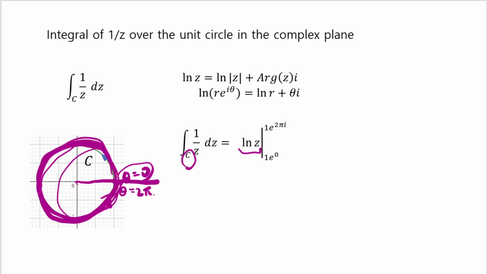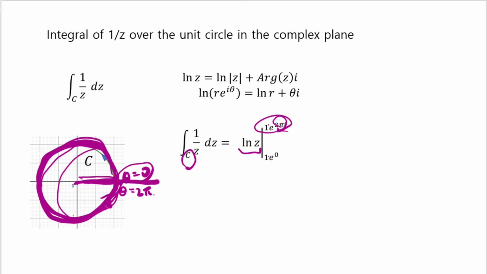And because of that, if you plug in 1 times e to the 2 pi i as the final point, because the angle is 2 pi, and 1 times e to the 0 for the beginning point, because it's a unit circle, the distance is 1, and the angle is 0.